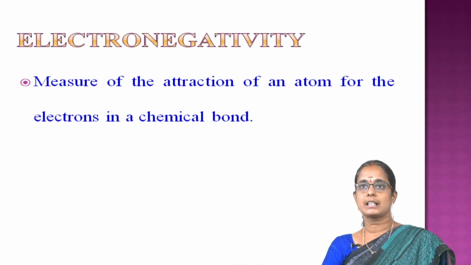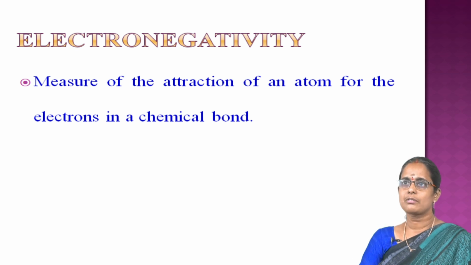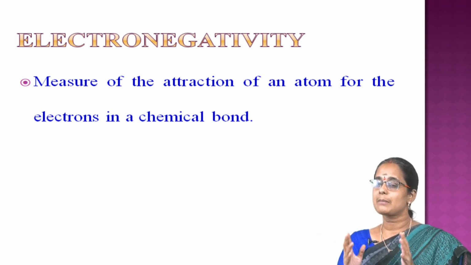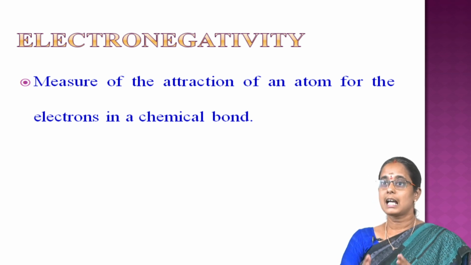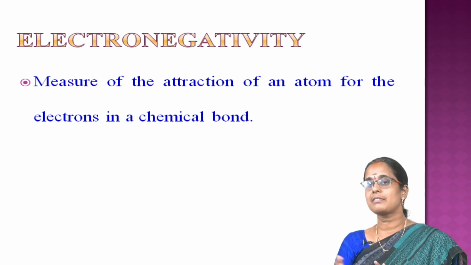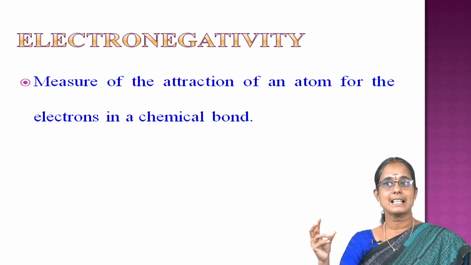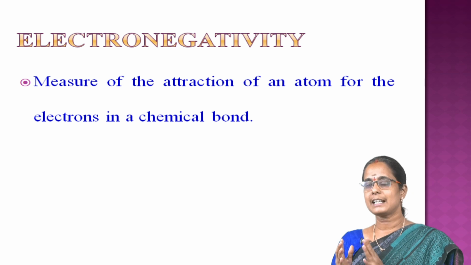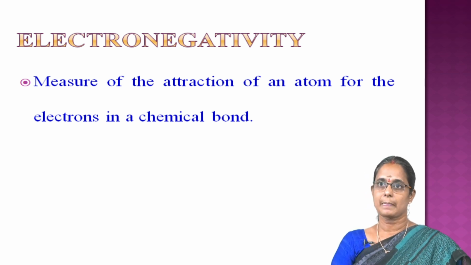Electronegativity. Electronegativity is a measure of the attraction of an atom for the electrons in a chemical bond. The higher the electronegativity of an atom, the greater its attraction for bonding electrons. Electronegativity is related to ionization energy.